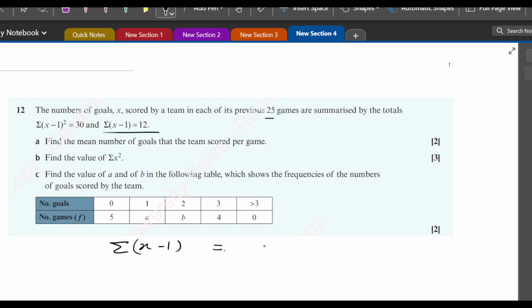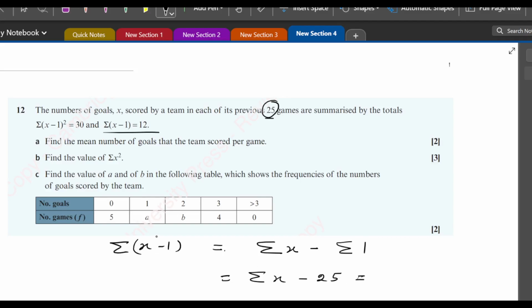I can expand it and say this is summation of x minus summation of 1. Now, summation of 1 means 1 is adding how many times? It is adding 25 times. So this equals summation of x minus 25.